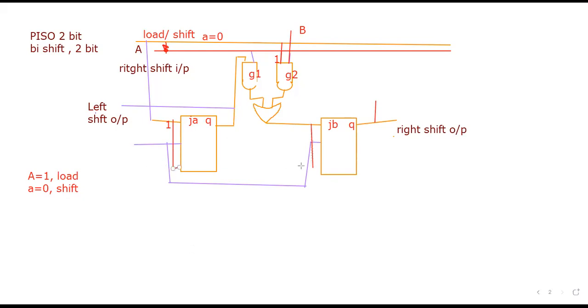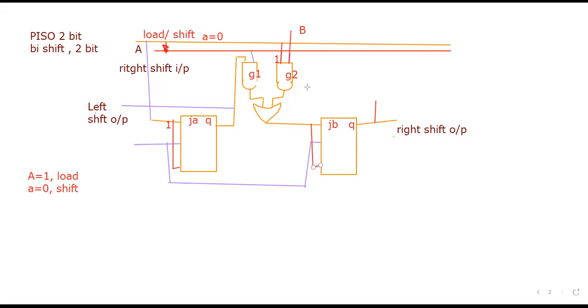This should be drawn compulsorily. So here it is nothing but KA Q bar, KB Q bar. Okay. I have just drawn the same. You can draw for this 3-bit register, then we have to draw this similar figure over here also.